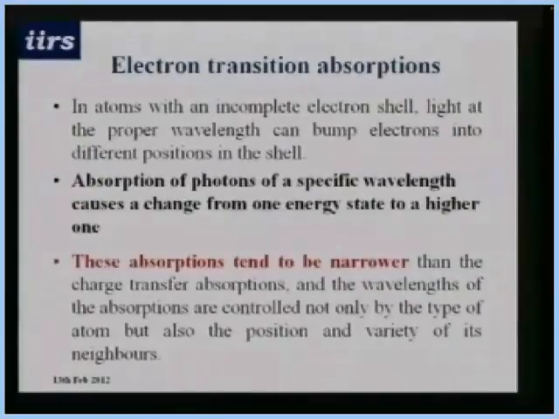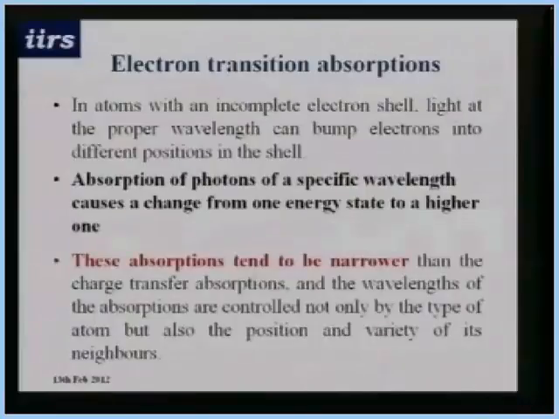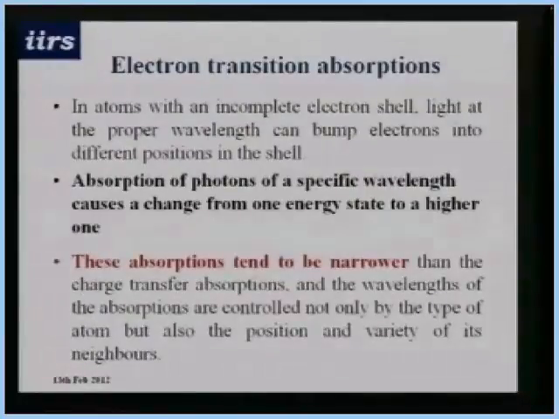Absorption of photons of a specific wavelength causes a change from one energy state to a higher one, and emission of a photon occurs as a result of a change in energy state to a lower one. These absorptions are very narrow compared to the charge transfer absorptions, and the wavelengths of the absorptions are controlled not only by the type of atom but also by the position and variety of its neighbors.